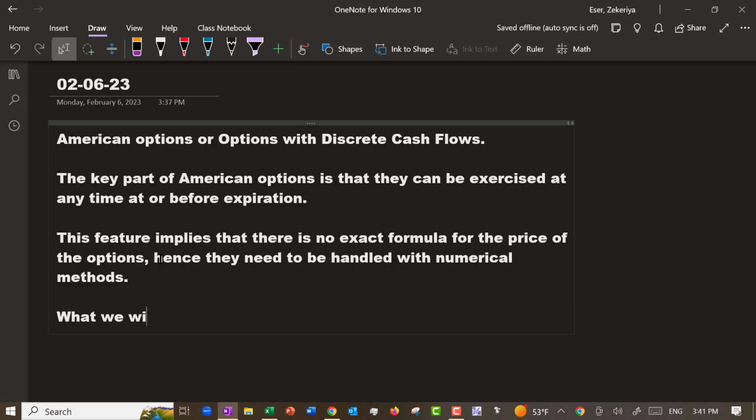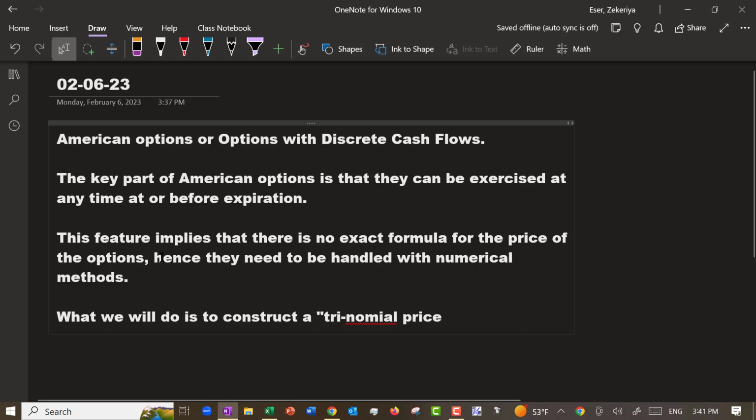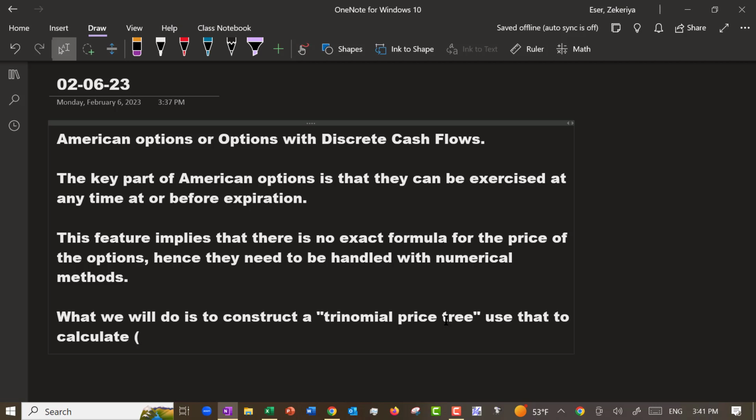What we will do is to construct what we call a trinomial price tree and use that to calculate, or rather approximate, the value of the option.